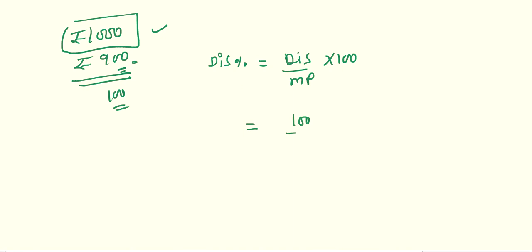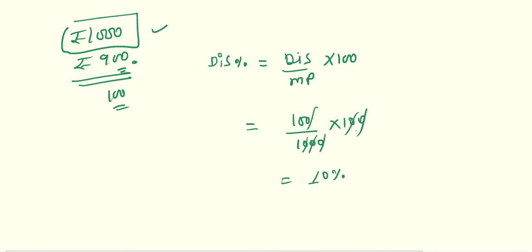So discount is 100 upon marked price 1000 into 100. Finally, we get a 10% discount.